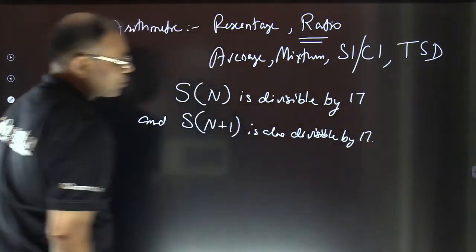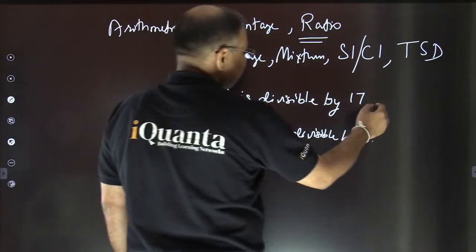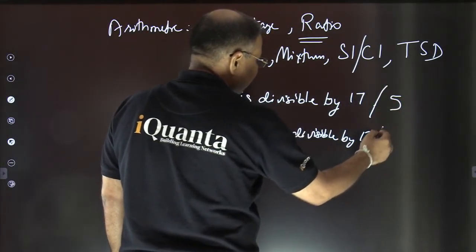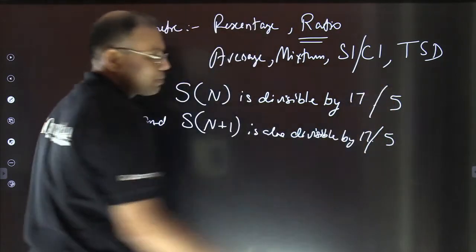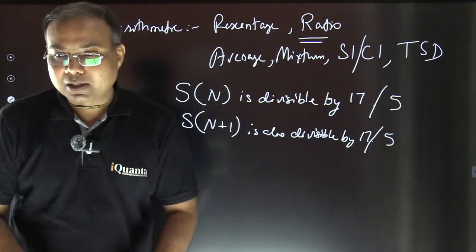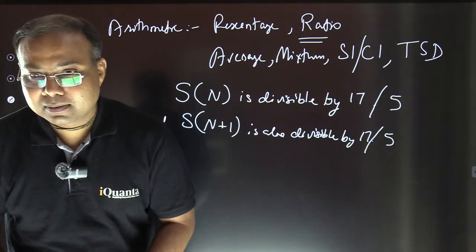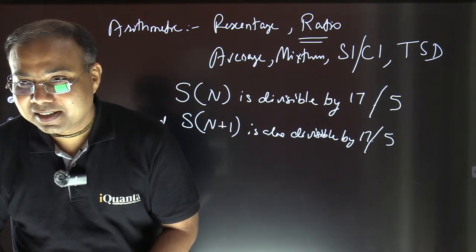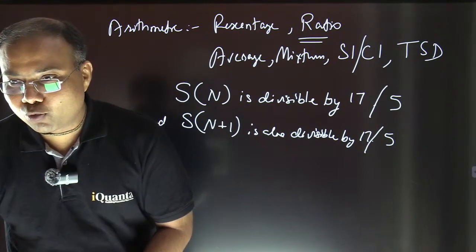So that was one question. And in addition, I gave you another part. In place of 17, if it is 5, then what would be the answer? So these are two questions basically.